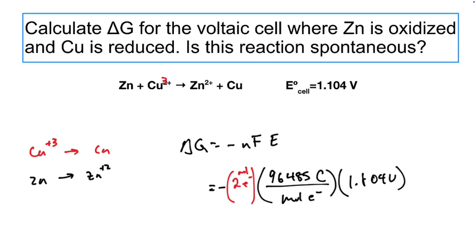If we balance our copper 3 going to copper, we had to gain 3 electrons, and the zinc had to lose 2 electrons. If I added those 2 up, would the electrons cancel? No. Are electrons stable? No, which means electrons cannot appear in the overall equation.